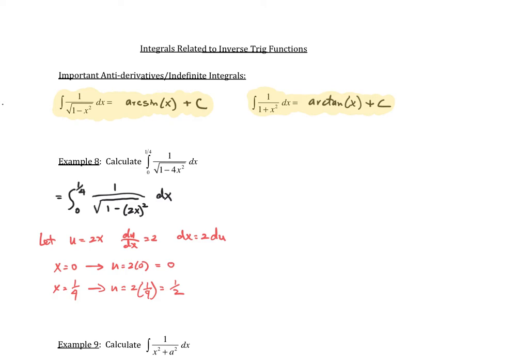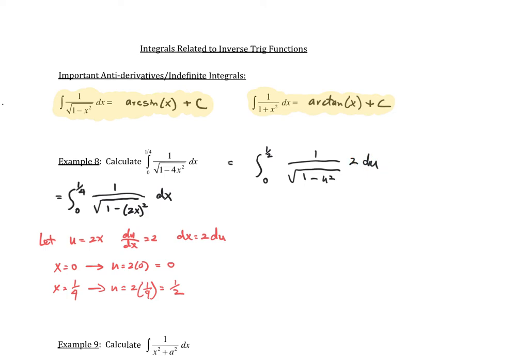Okay, so let's make our substitution. Our integral now becomes the integral from 0 to 1/2 of 1 over the square root of 1 minus u squared, and then I replace my dx with du over 2.